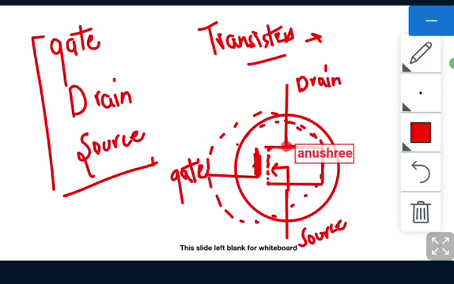This is one terminal, this is the second terminal, and this gate is your third terminal. So it's just three lines together. Yes, which means there are three terminals, and they are definitely connected to each other. It's not like they are separated. But the thing is, current flows between drain and source. Okay.